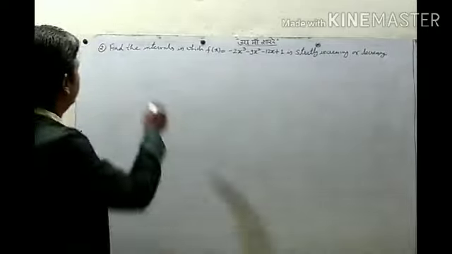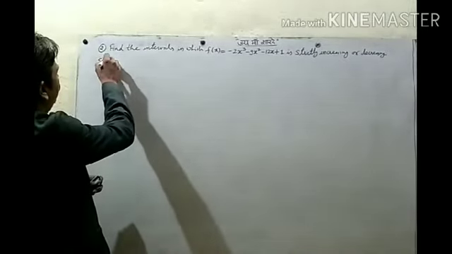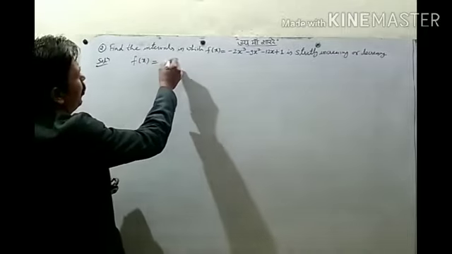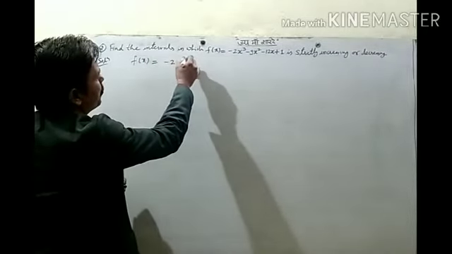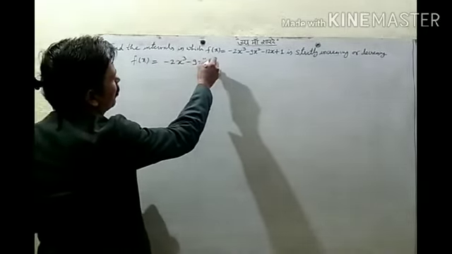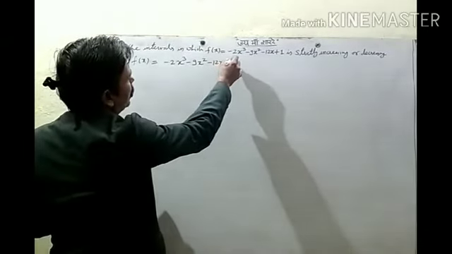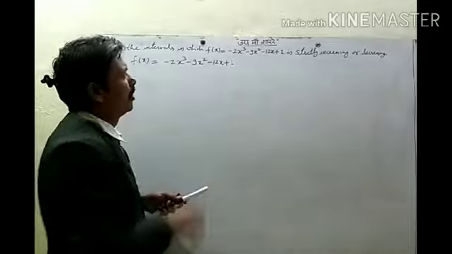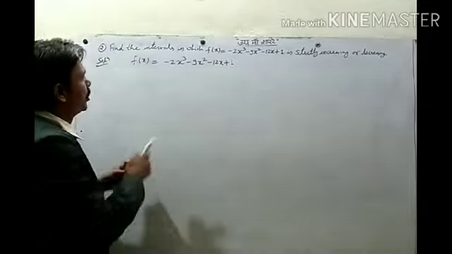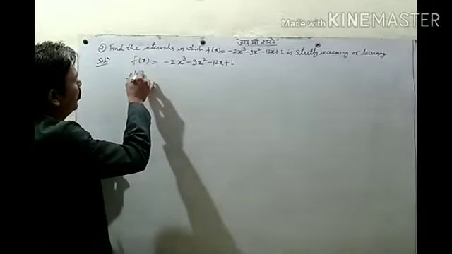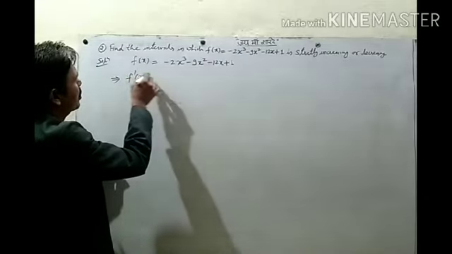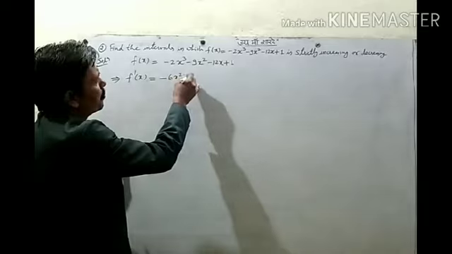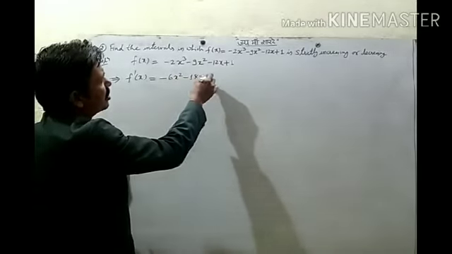So here, the first step for solving these questions: first we will find the derivative of the function. This will be the first step. Differentiating with respect to x, we get minus 6x square minus 18x minus 12.